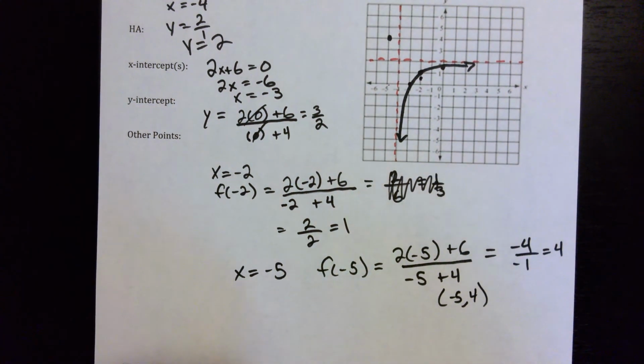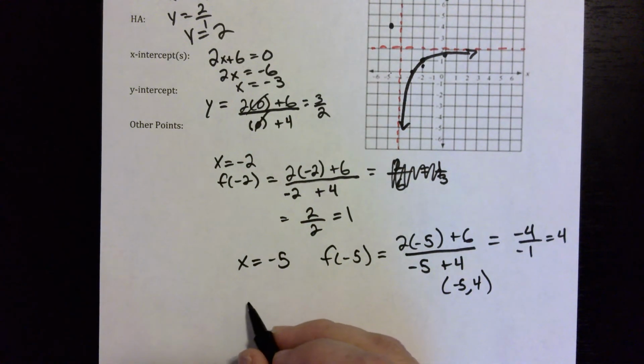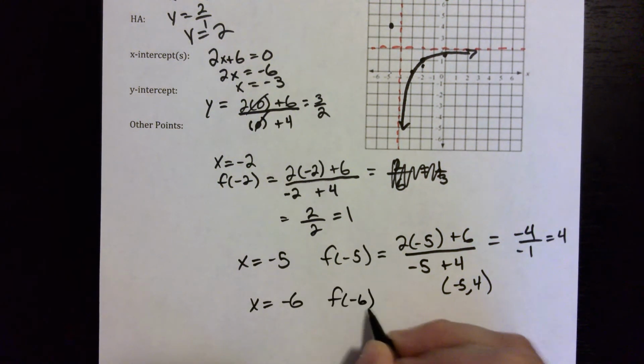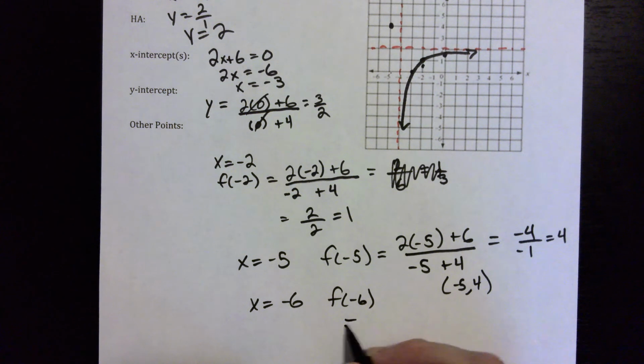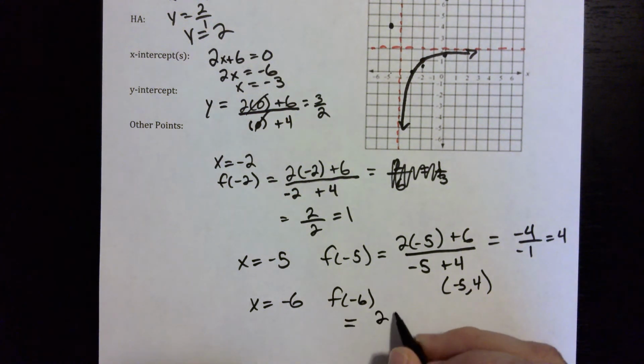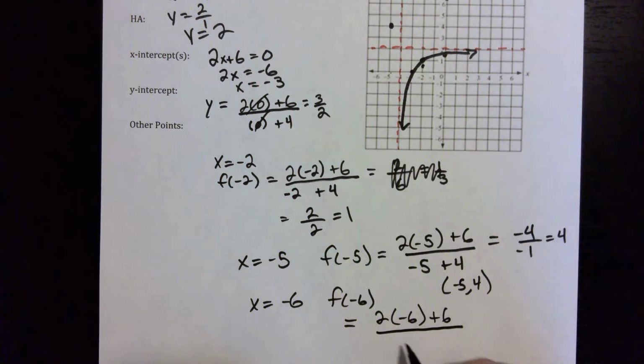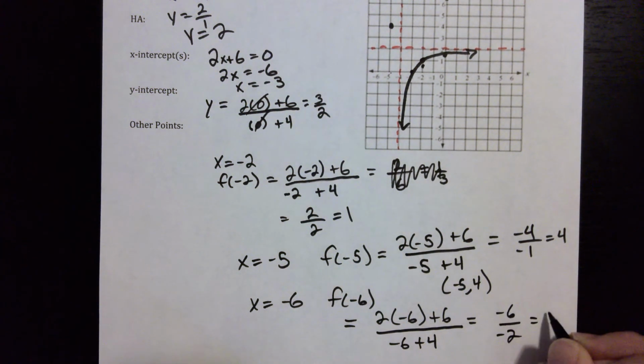Okay, let's do one more. Let's do the 6. Okay, so x equals negative 6. So that's f of negative 6, which is going to be equal to 2 times negative 6 plus 6 over negative 6 plus 4. Okay, so let's see, this turns into a negative 12. Add a 6, that's a negative 6. And the bottom is a negative 2, so that's going to be 3.